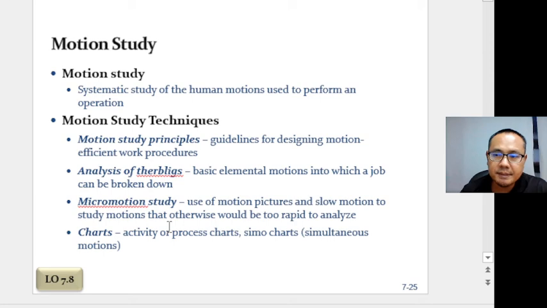For example, a hospital did benchmarking with a Formula One company, and also got advice from a choreographer, because nurses and doctors need good movement or motion study so they can serve their patients much better.